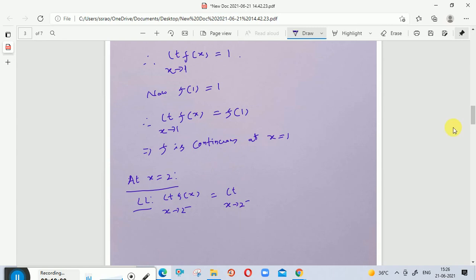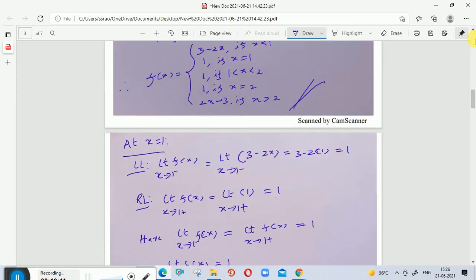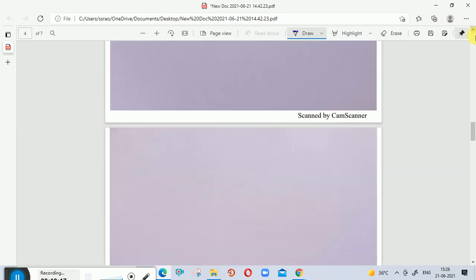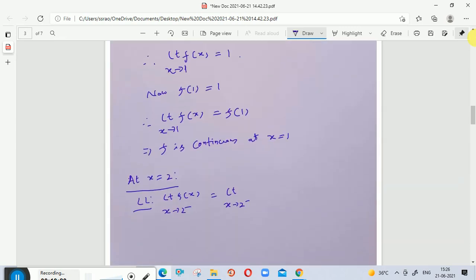Here x tends to 2 minus means x is less than 2. x is less than 2 అయినప్పుడు f of x is 1. Okay. So f of x is 1. That is equal to limit of 1 as x tends to 2 minus, which is equal to 1.